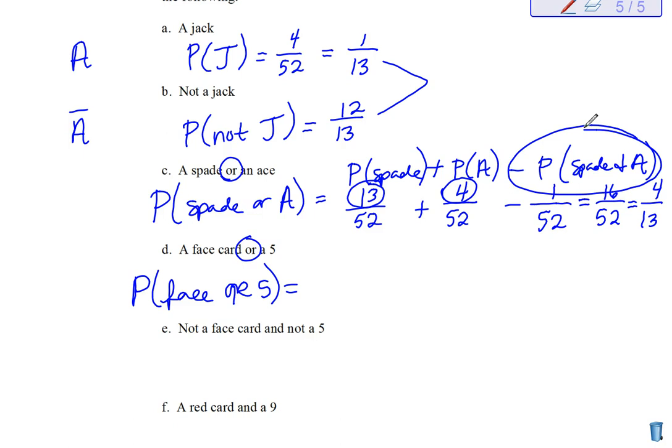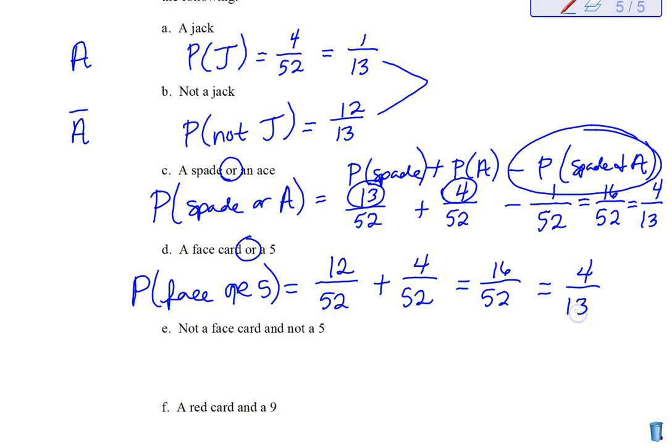So all I have to do here is the probability of a face card, which we've already talked about. There's 12 face cards out of 52, plus the probability of getting a 5, which is 4 out of 52. I don't have to subtract anything here. So that's 16 out of 52, and that's going to also reduce to 4/13.